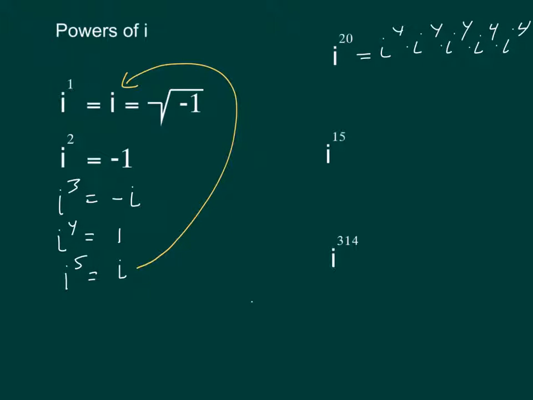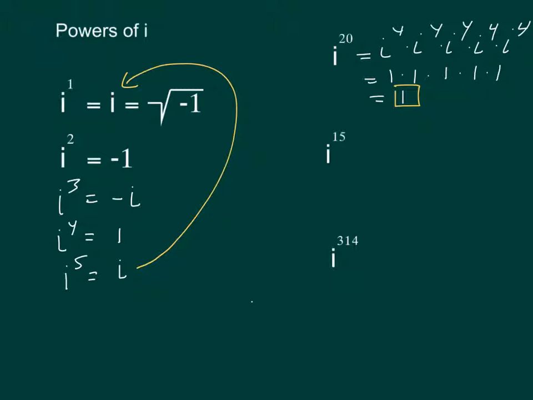Our laws of exponents would allow us to just add these 5 exponents together, 1, 2, 3, 4, 5, and that's the same thing as i to the 20th. But each one of those is really just 1, which means i to the 20th is 1. Okay, that's pretty convenient.